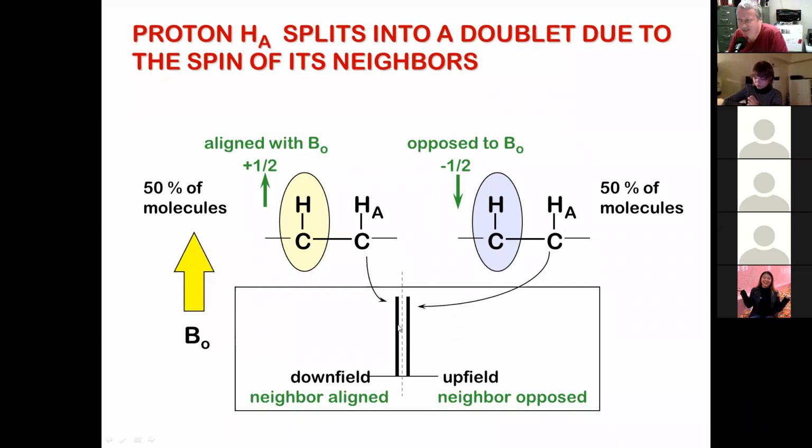That actually causes a little bit of a shift to the left and a little bit of a shift to the right of the signal. That is why HA gets split into a doublet. So half of the CHs are either aligned with the magnetic field or half are opposed to the magnetic field during the experiment. And basically that's why it's a doublet, all right?